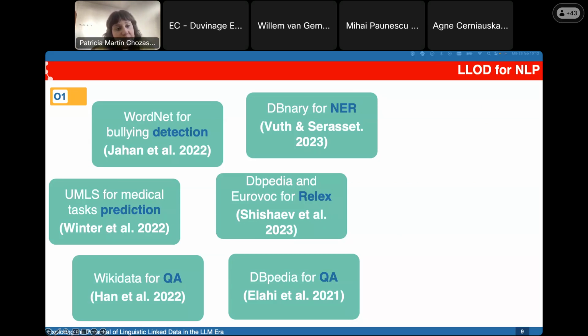And in this case, the authors use it for medical task prediction. We have also other experiments with general resources such as Wikidata and Wikipedia for QA, and also we can find experiments with Eurobook, in this case for relation extraction.